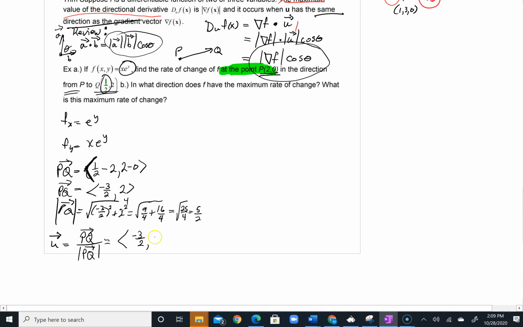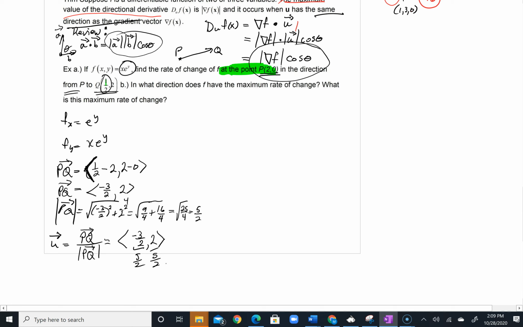So we saw up above that vector PQ is <-3/2, 2>. And we know from the previous video that that length surely is not 1. In fact, we just found the length. It's actually 5/2. So I'm going to divide both of these components by 5/2.